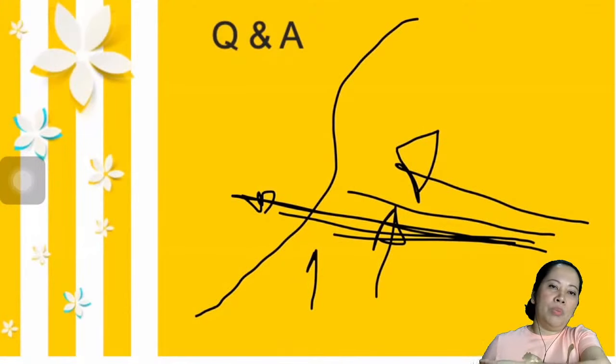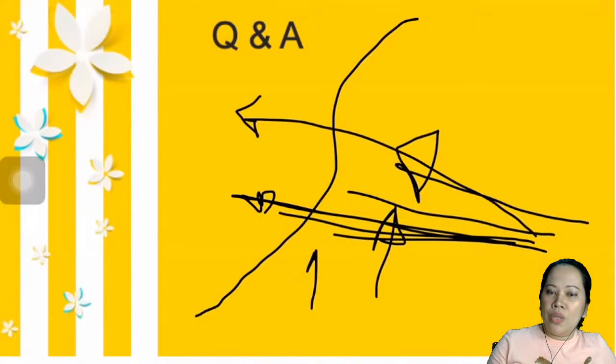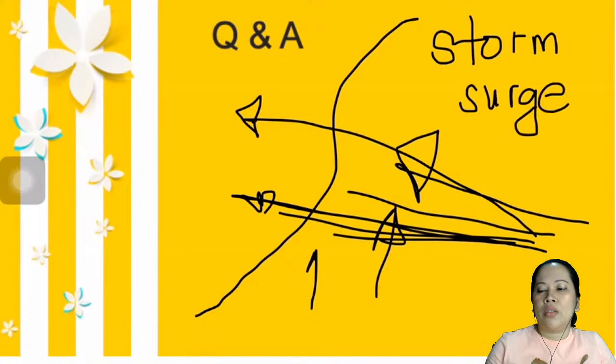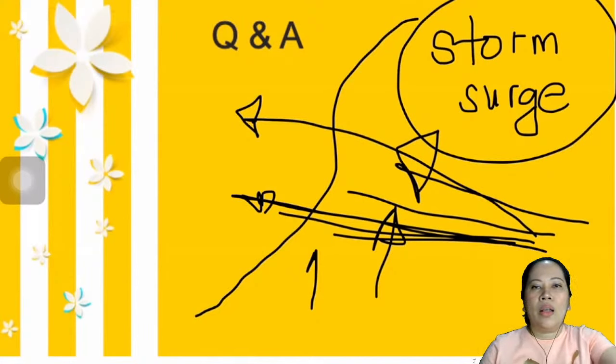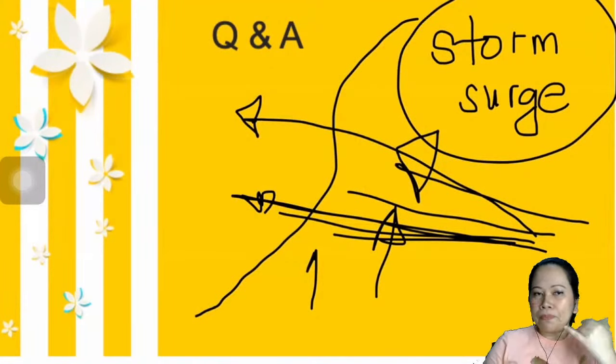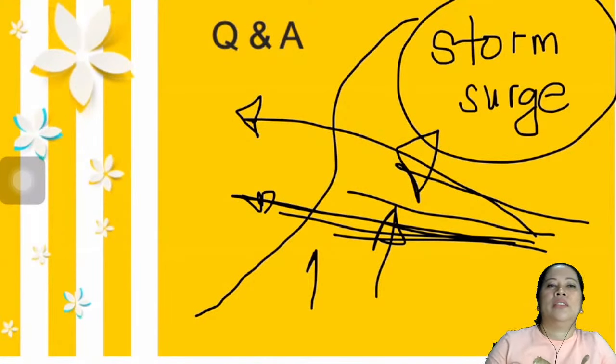So the seawater will be blown towards the coast. Once the seawater goes into your coastline, we call this storm surge. Storm surge. So once storm surge comes in, binabaha, like what happened in Leyte, right?